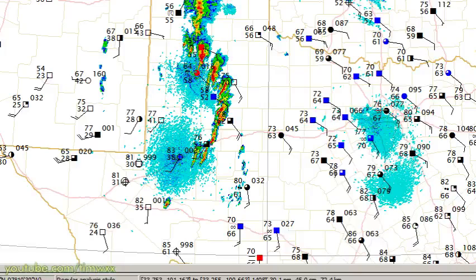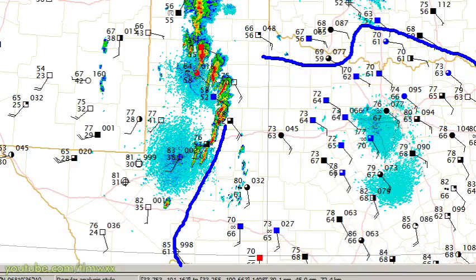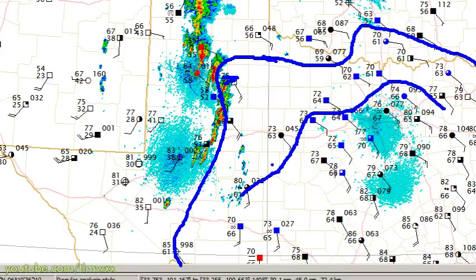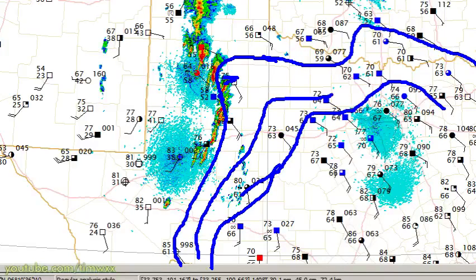Okay, so the dew points coming up into this area of storms are in the 60s. So the 60-degree isodrosotherm looks like this. And this is bad data here. So we're looking at something like that for the 60-degree isodrosotherm. 64, it's going to look like that. 62, that'll be in between, kind of like that.